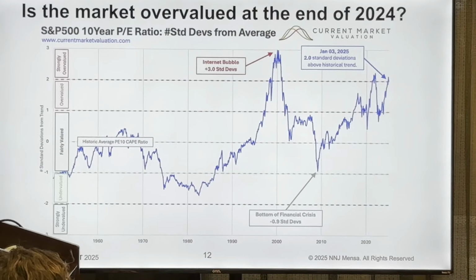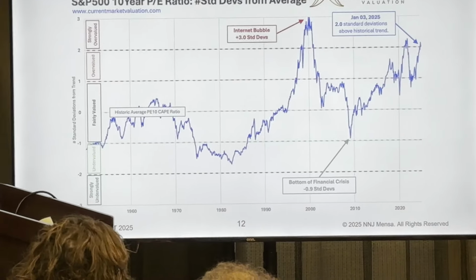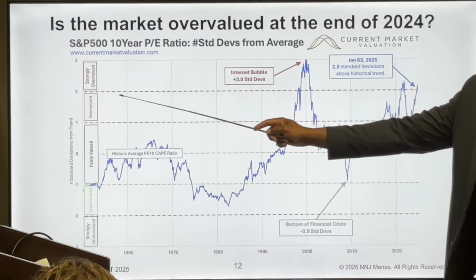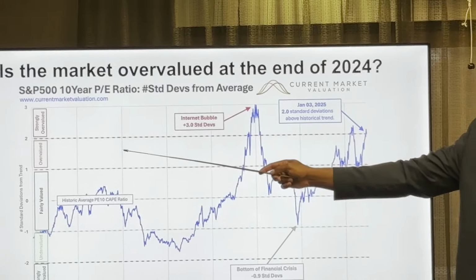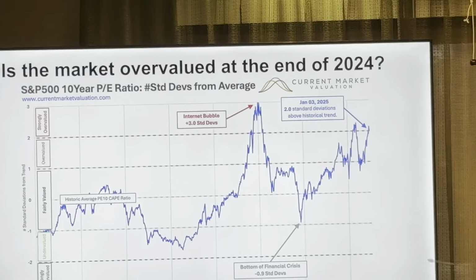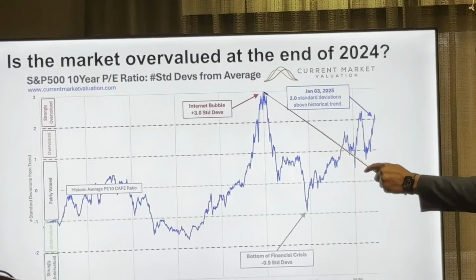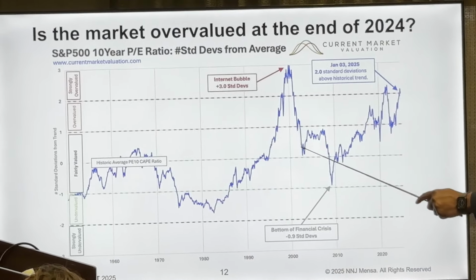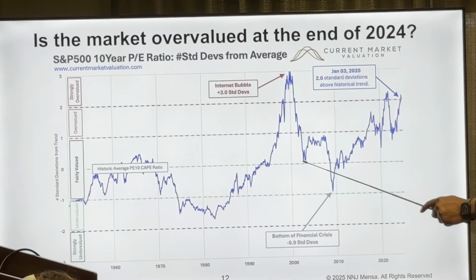There were only 3 times since 1950 when the stock market actually hit what was called this strongly overvalued territory. The first was during the dot-com bubble, and it actually went as far as 3 standard deviations before we all know what happened. It collapsed back down and went back to almost its historic norm.